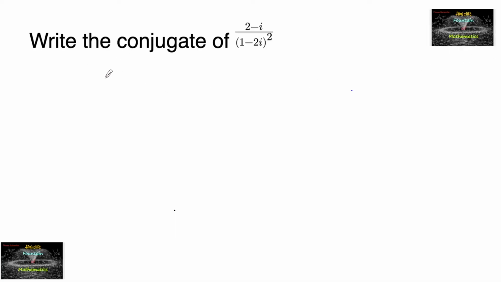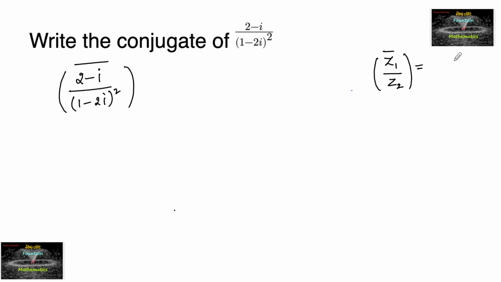Write the conjugate of 2 minus i upon 1 minus 2i whole square. Conjugate means we will take the bar, and since we know the property that conjugate of z1 upon z2 is equal to z1 conjugate upon z2 conjugate, we can write this as 2 minus i conjugate upon conjugate of 1 minus 2i whole square.